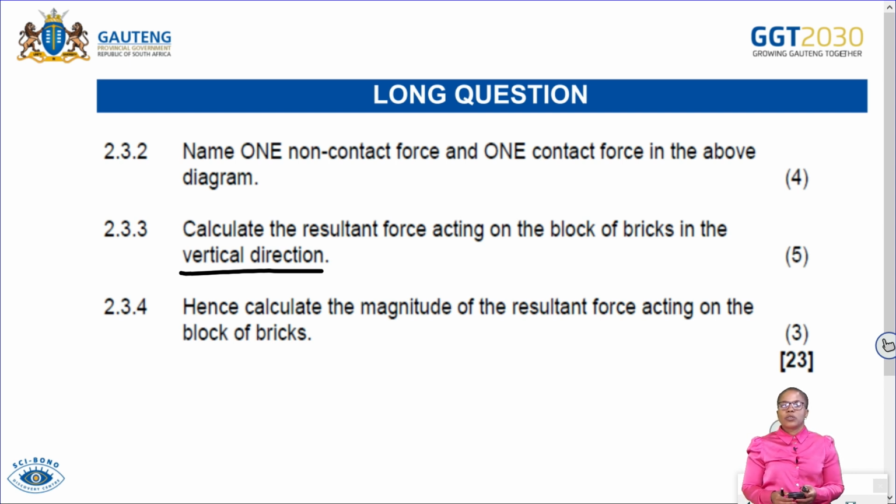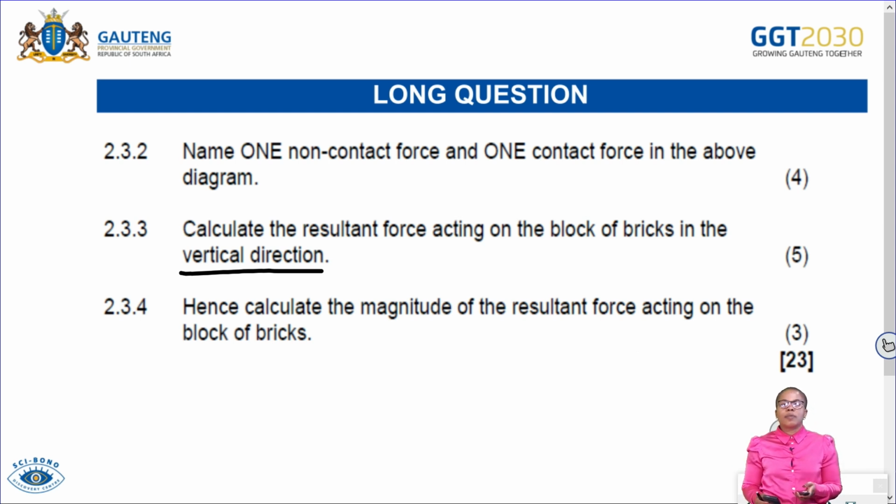Now we are on 2.3.4, which says now calculate the magnitude of the resultant force acting on the block of brick. Okay, the resultant now, the sum of all the forces that are acting onto this brick now, not only in the vertical direction, but all the forces that are acting onto it.